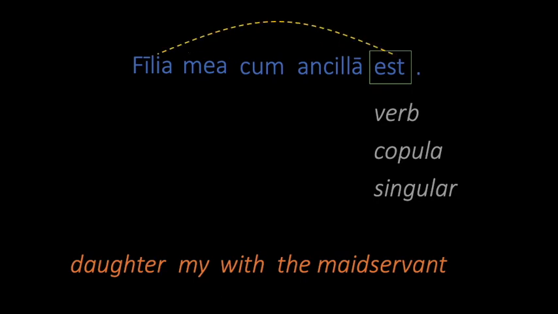It connects the subject with cum ancilla, which is an adjectival prepositional phrase that is acting in this case like a predicate adjective. Its meaning, of course, is. So we have daughter my with the maidservant is. Putting this into intelligible word order, we have my daughter is with the maidservant.